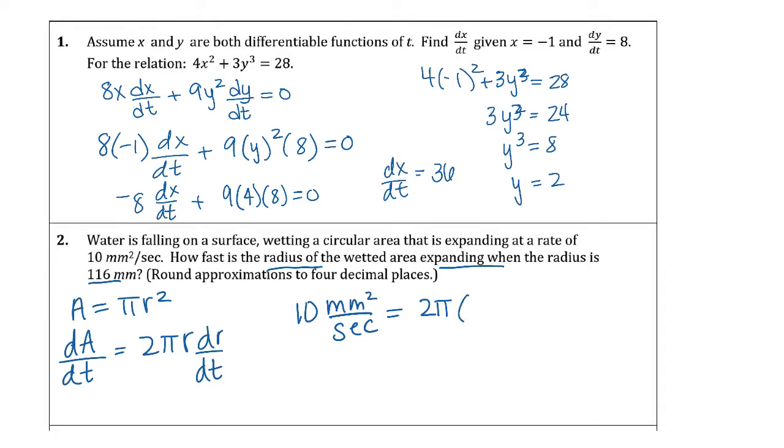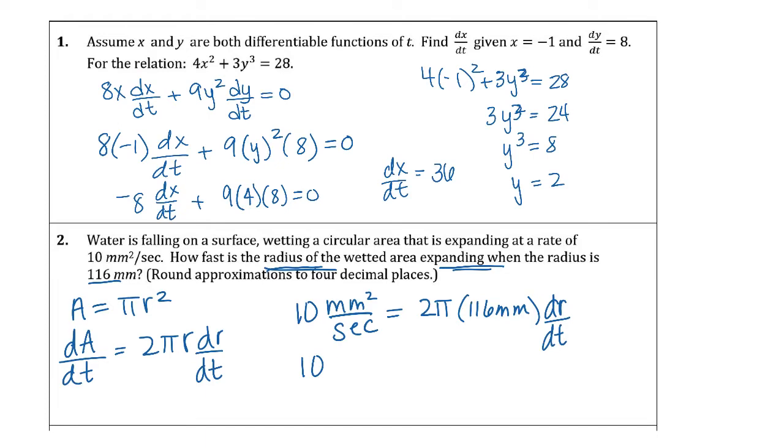Our radius was 116. And we are looking for how fast the radius of the area is expanding. So we're looking for dr/dt. And so we're going to divide both sides by 2 pi times 116.